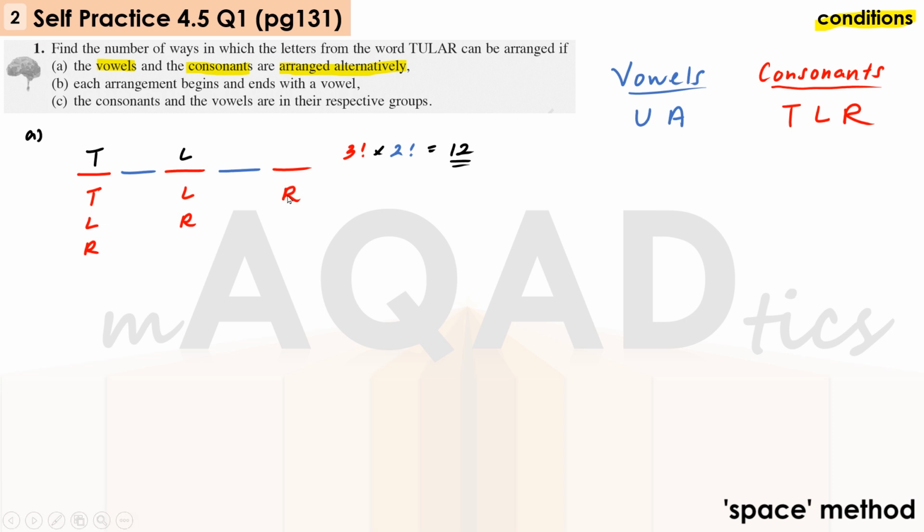And for the last space, let's assume we put R. Then for the vowels, for the first blank space, we put U or A, so let's assume I put U. Then for the next blank space, we are left with only one possibility, which is A.